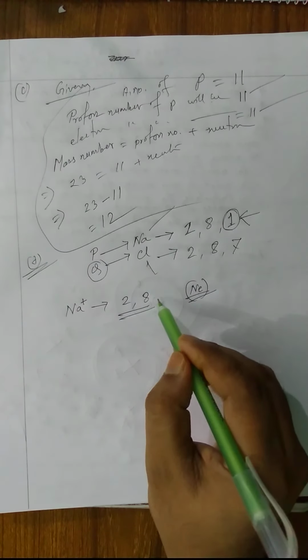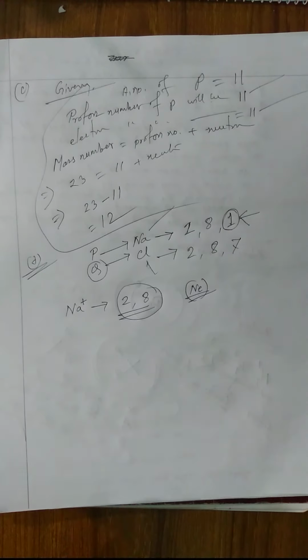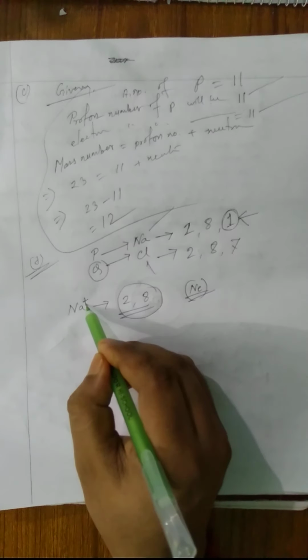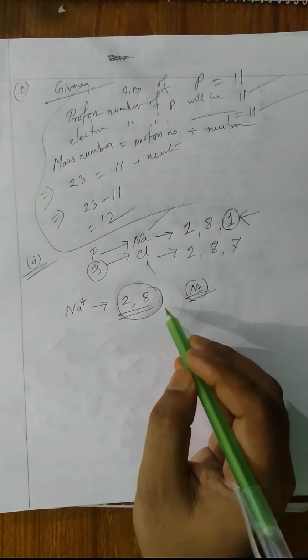So it is a stable electronic distribution. So the Na plus which is formed is named a cation, the sodium cation.